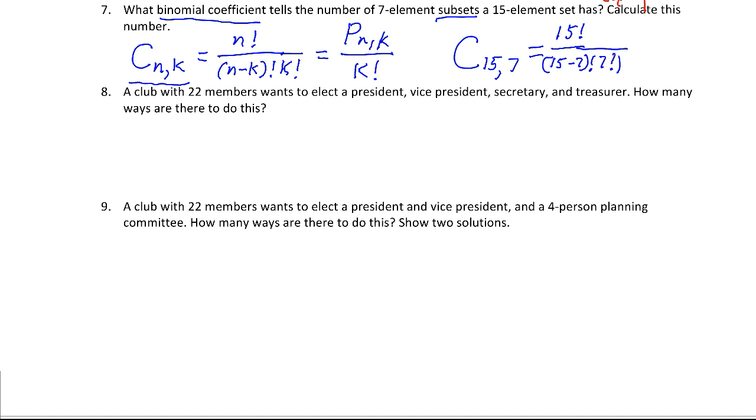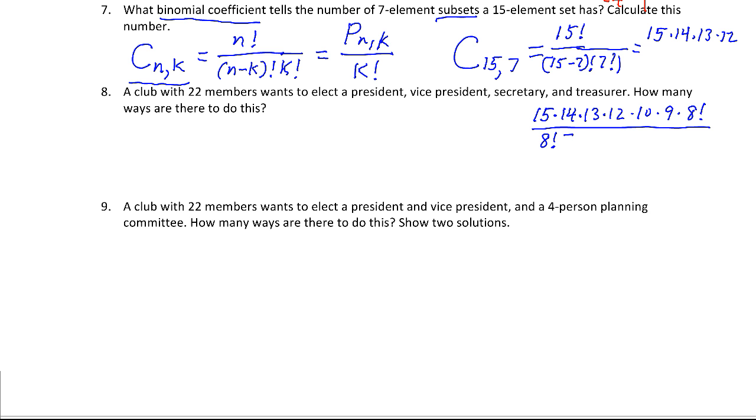And this is going to be 15 times 14 times 13 times 12. I'm going to run out of space here, so I'm going to write it down here. 15 times 14 times 13 times 12 times 11 times 10 times 9 times 8 factorial. So I go from 15 on down to 9. And then I have 15 minus 7 factorial, which is that 8 factorial.